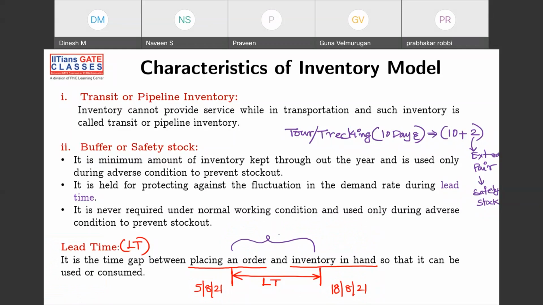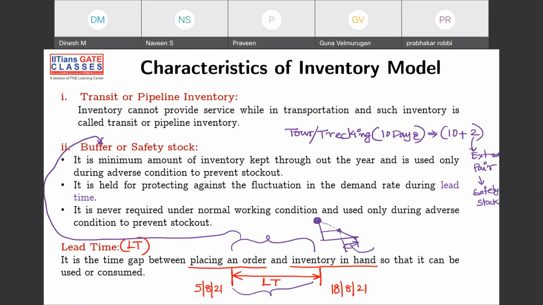If there is any fluctuation during this lead time, then only you will use this buffer or safety stock. Because you assume that you have more quantity here, but as time goes on and it is getting consumed, less quantity is left. If some kind of fluctuation is happening during this time, this fluctuation is very, very dangerous.